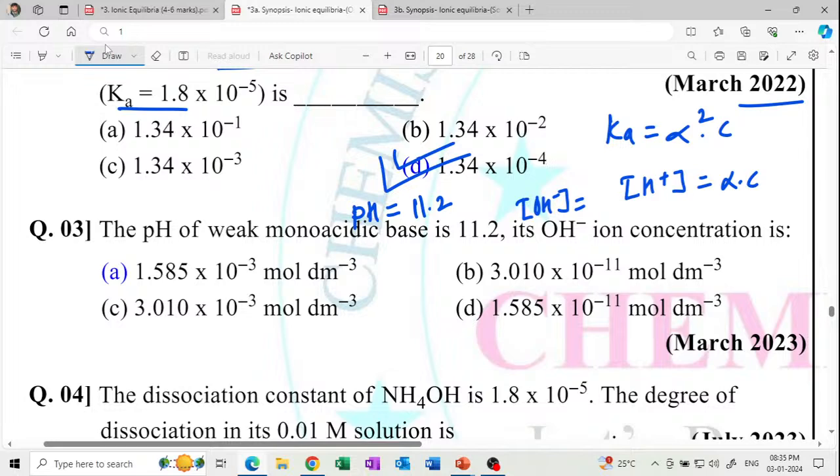Starting with the pH, get the H plus concentration from it. pH is equal to minus log to the base 10 of the H plus ion concentration, so take the antilog.